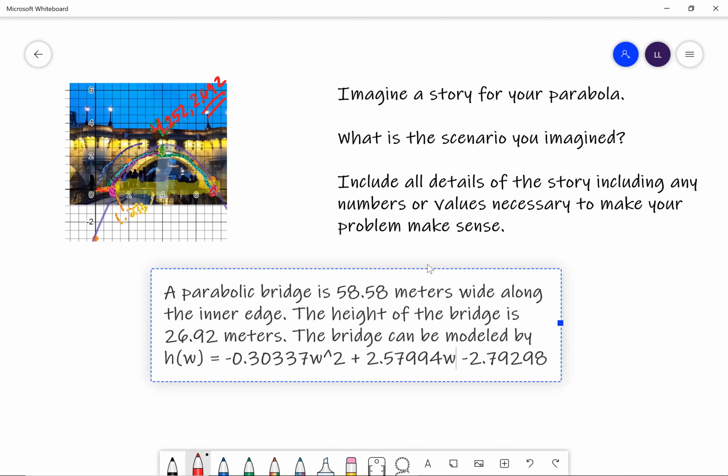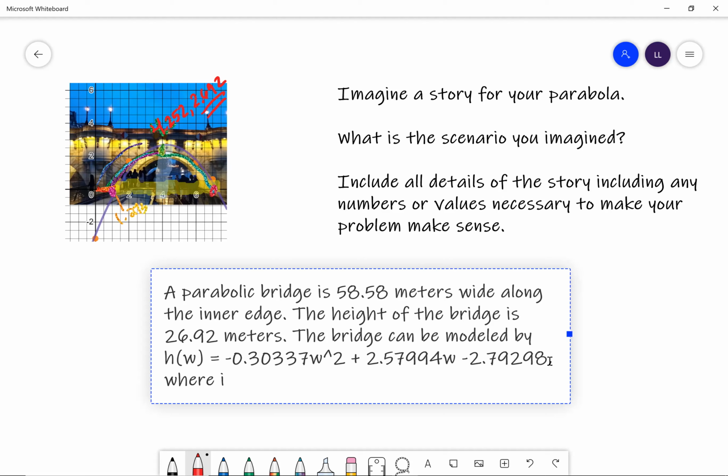So hold on. I changed it from h of t to h of w, where h stands for height and w stands for width. And you can even say that, where h is the height and w is the width, and both measurements are in tens of meters.